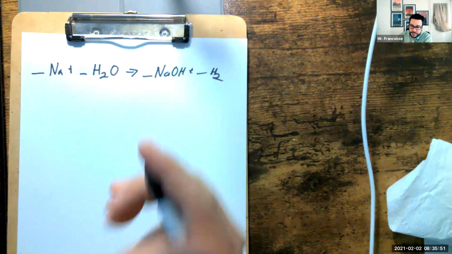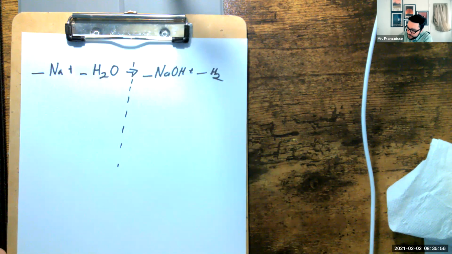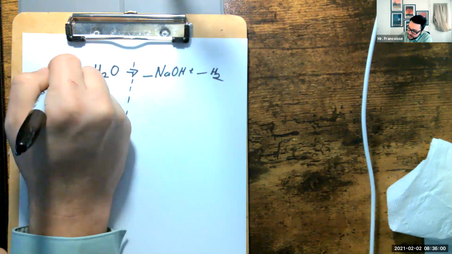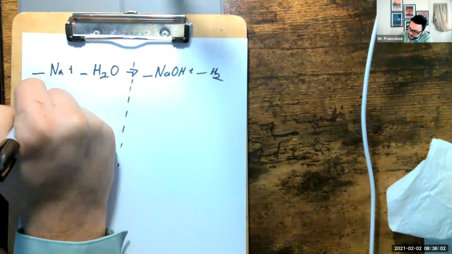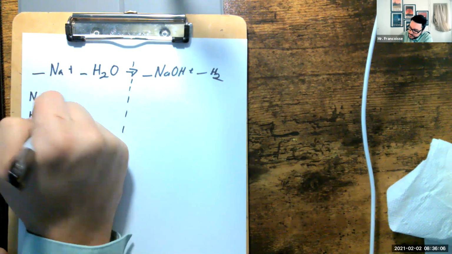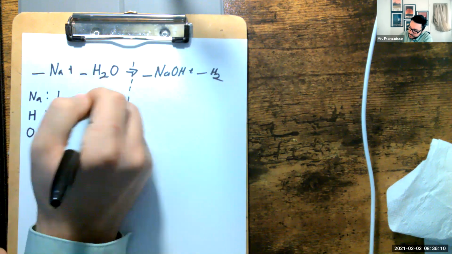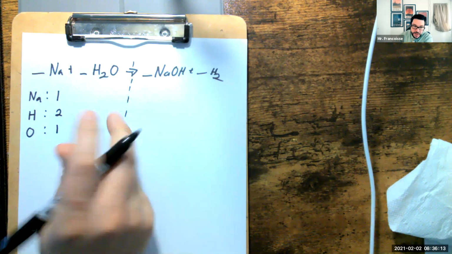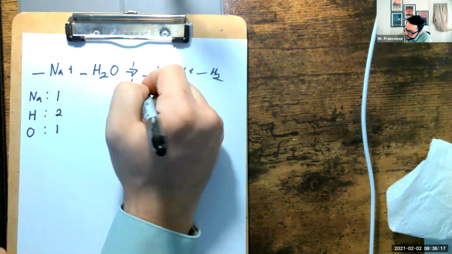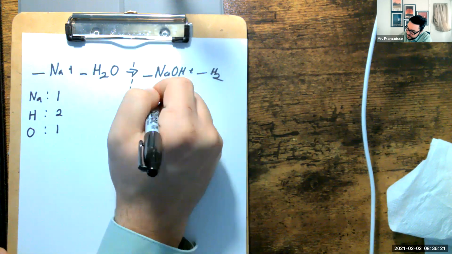So before we do anything, let's split this up into 2 halves. We have our elements Na on the left, Na, H, and O. So we have 1 Na, 2 H, and 1 O. It's 1 Na, 2 H, 1 O. On the other side, we have 1 Na.